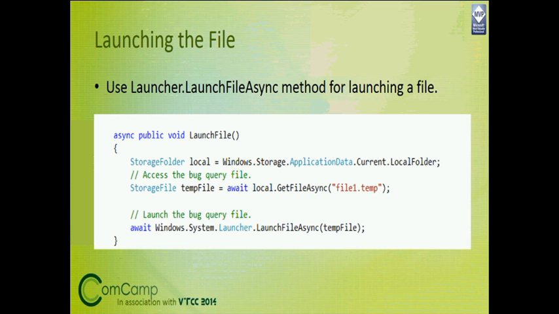This has to be done in application B here. What you see here is I'm just giving the path to the file, getting the file, and launching that file. When this LaunchFileAsync method is called, file1.temp would be opened in application A, which is associated to the .temp file.